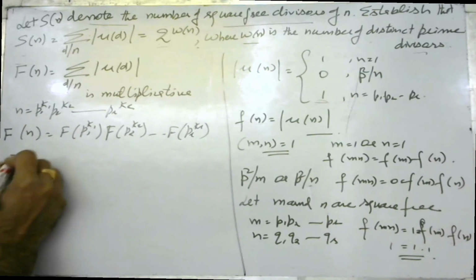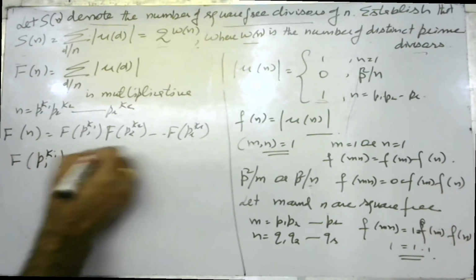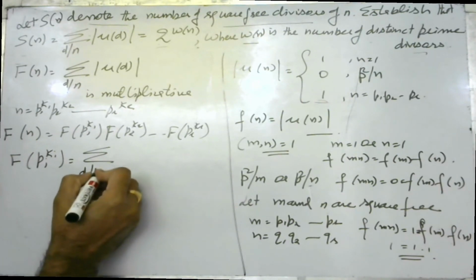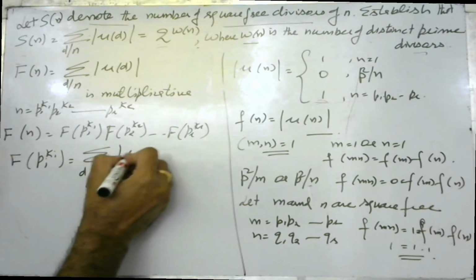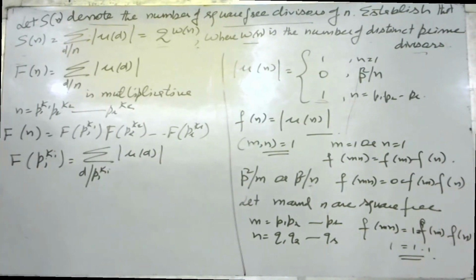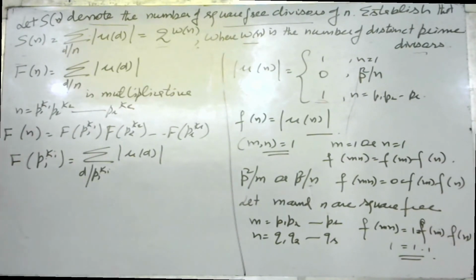And we can easily write F(pi^ki) is equal to the summation over d dividing pi^ki of μ(d). Putting the value here, when we expand this summation, as you know, we have ki plus 1 divisors.